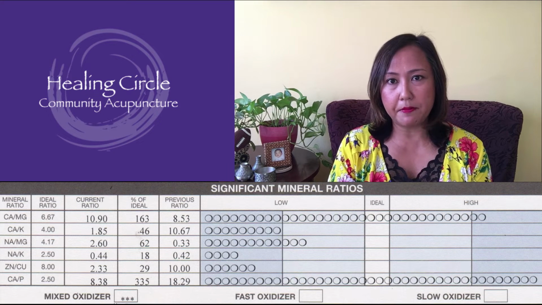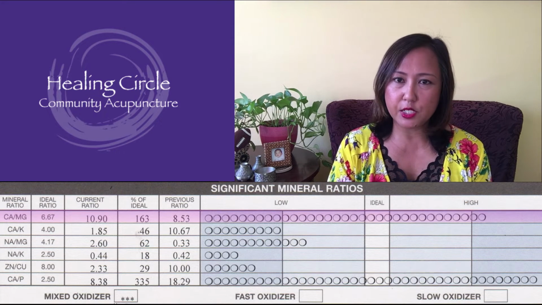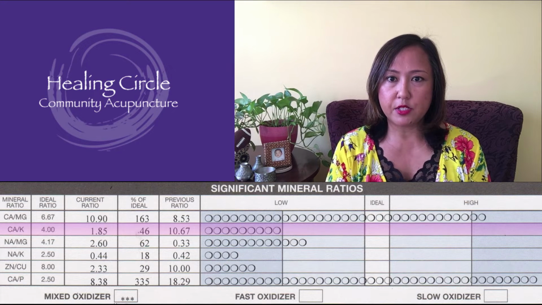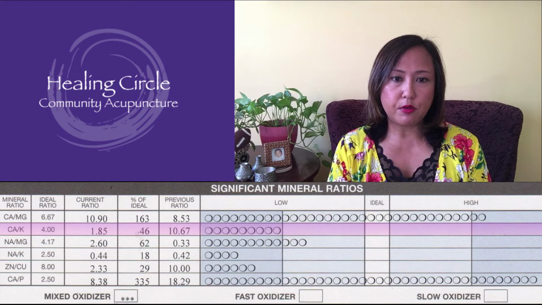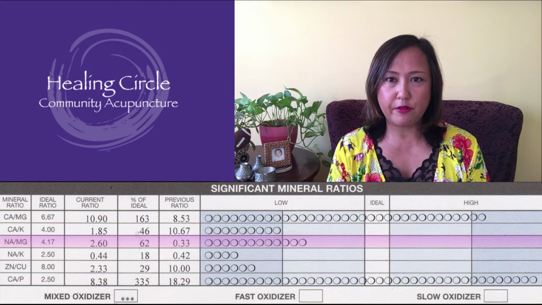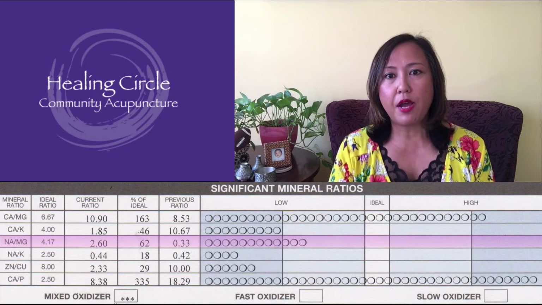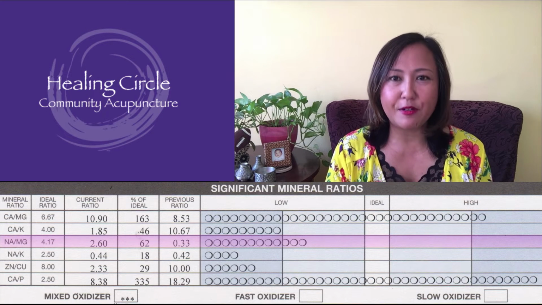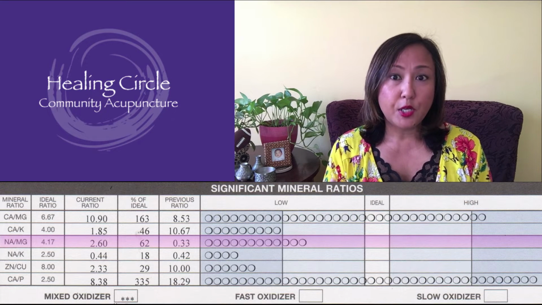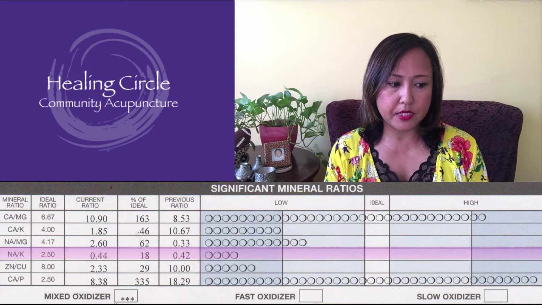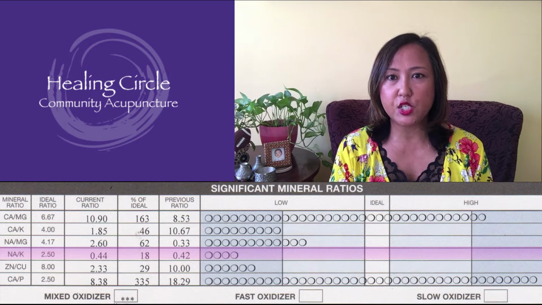So for example, calcium/magnesium is a reflection of your sugar handling. Calcium/potassium is a reflection of your thyroid hormones. Sodium/magnesium is a reflection of your adrenals. This is more of the day-to-day adrenals, like, do I have the energy to do this test? Do I have the energy to go to work? That kind of stuff. Whereas sodium/potassium is more of your energy reserves.